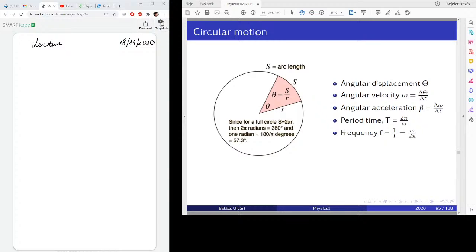As for translation, we always started with a coordinate system. In one dimension, it means you have to say where the origin is and what the unit is. For example, this is 1, 2, and with the x-axis, you have to name it, and in square brackets you have to say the unit.